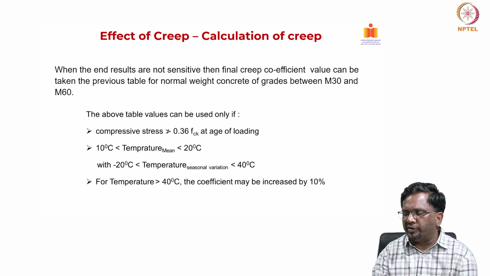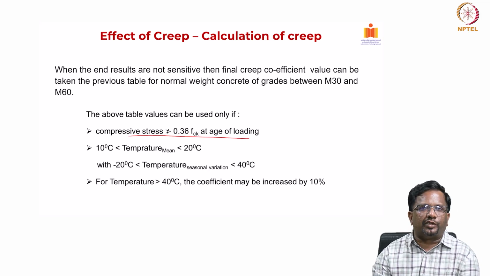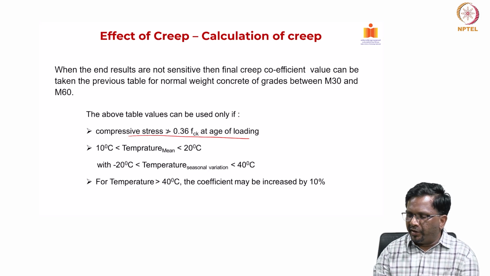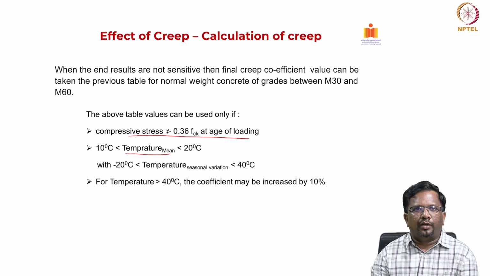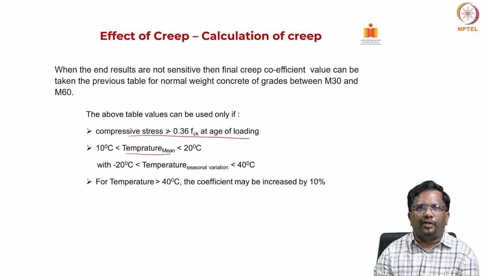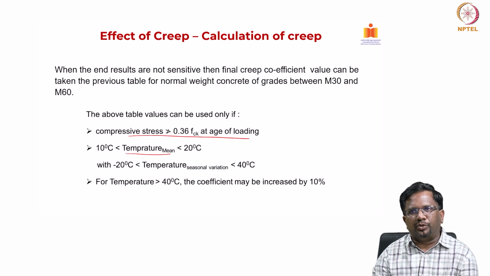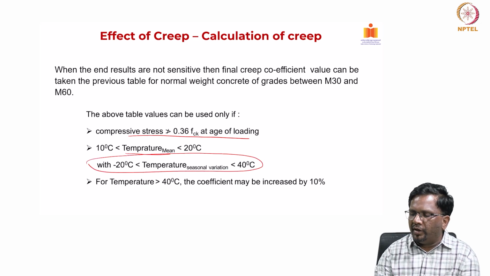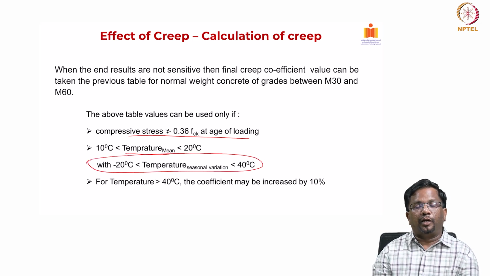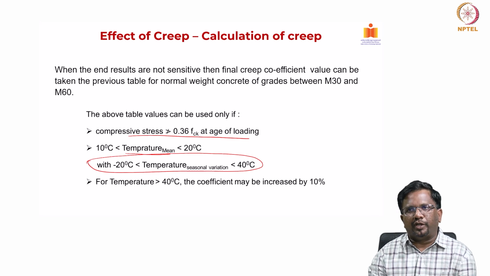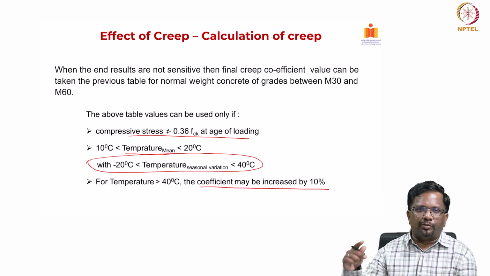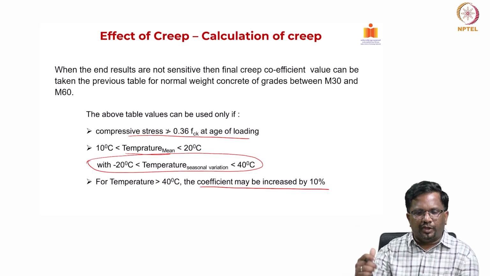The applied compressive stress cannot be more than 36% of your characteristic compressive strength, and the mean temperature of the element has to be between 10 and 20 degrees centigrade, or the seasonal variations have to be between -20 to 40 degrees centigrade. That is typically in an Indian tropical climate, this is acceptable. But when the temperature goes more than 40 degrees centigrade, then the coefficients have to be increased by 10%, because higher the temperature, higher will be the creep.